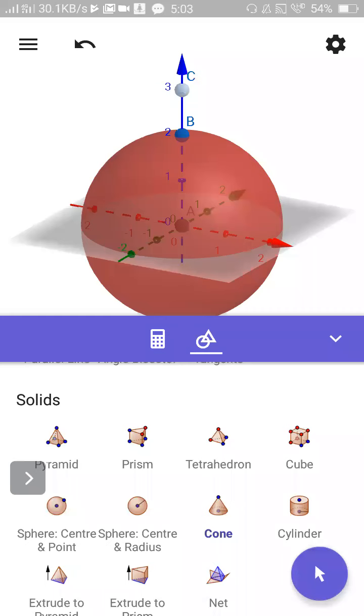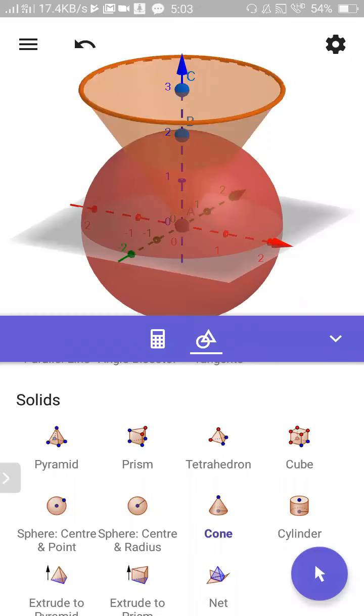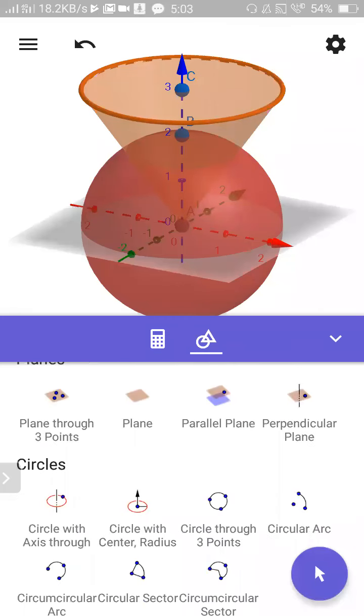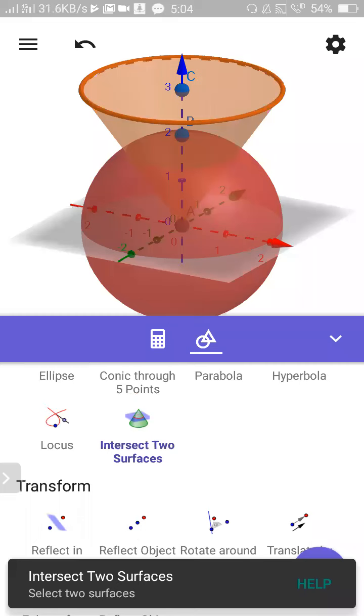Now clearly it is visible that the red color is the cone. For that I am using this option, intersection of two surfaces.